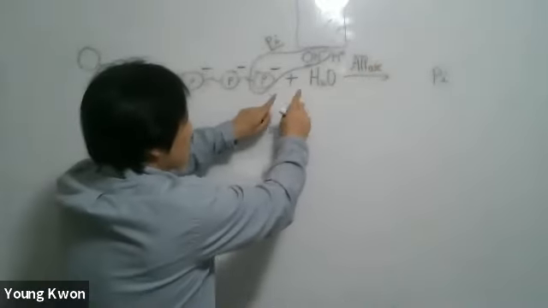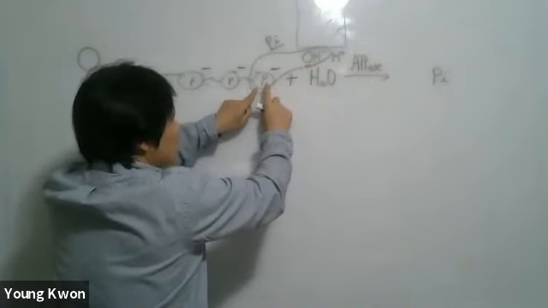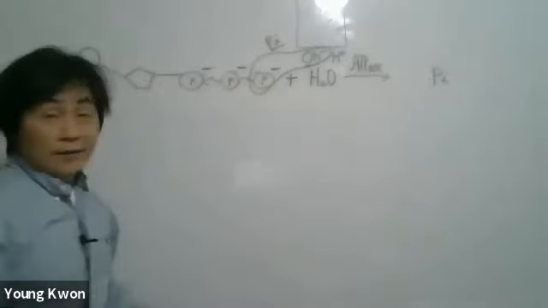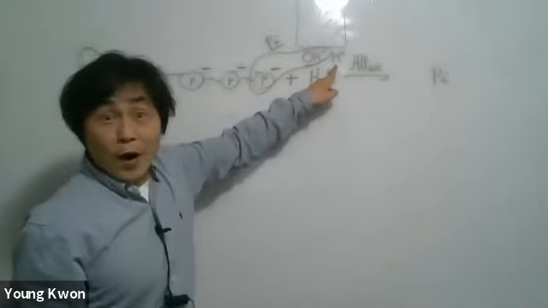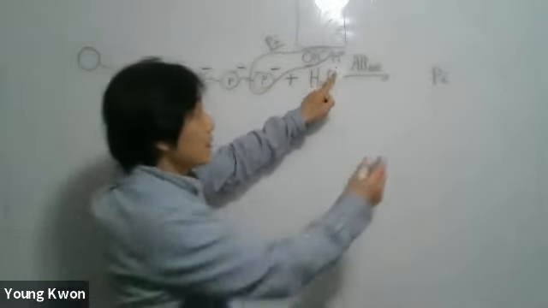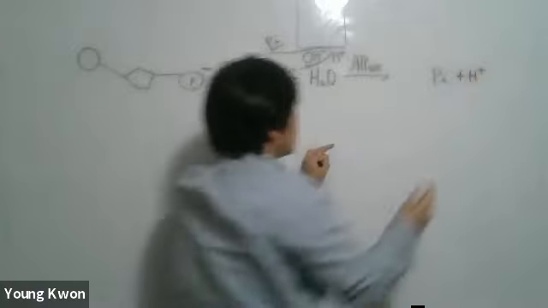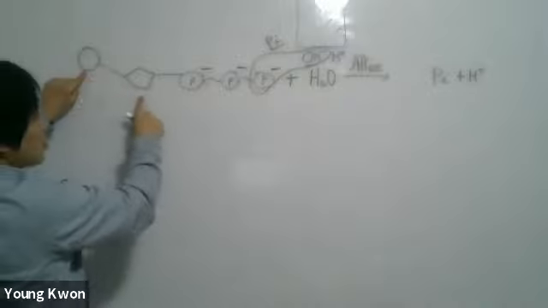So OH minus with the last phosphate group becomes inorganic phosphate. What is the rest? Could you see here? Proton. So the product part is a proton. And another one is adenosine.